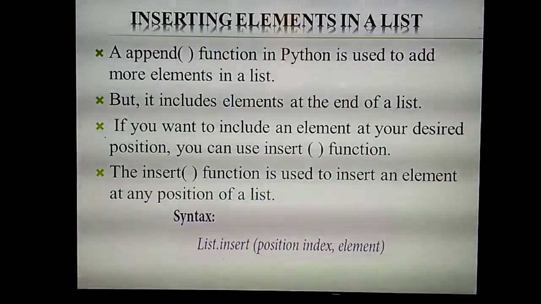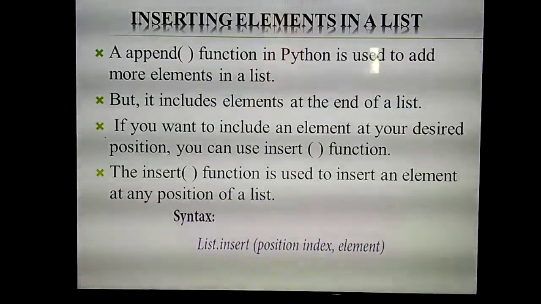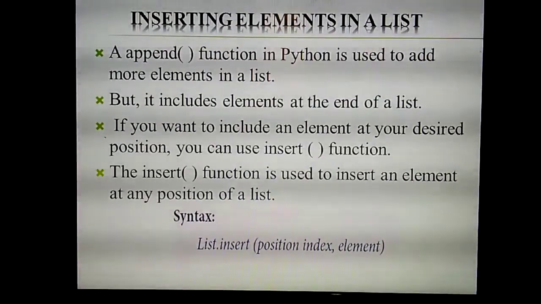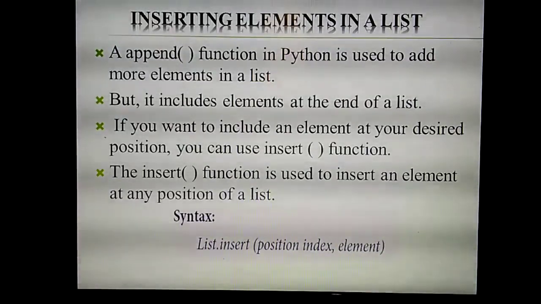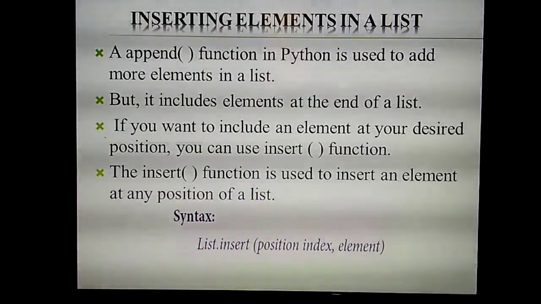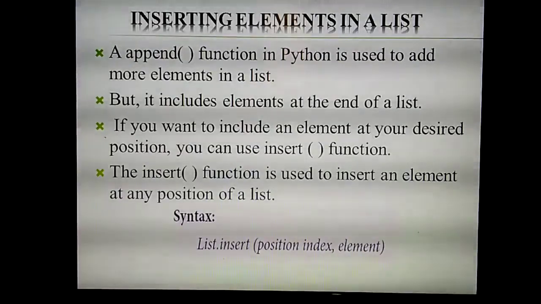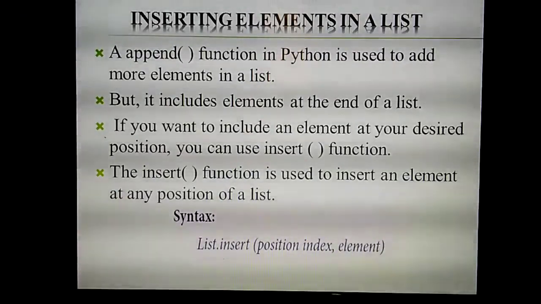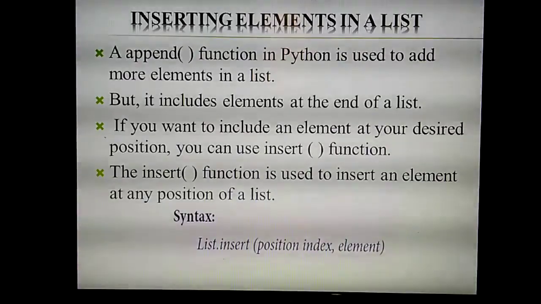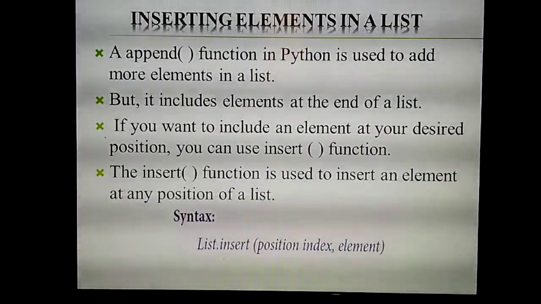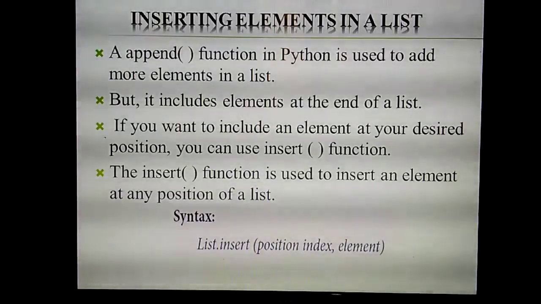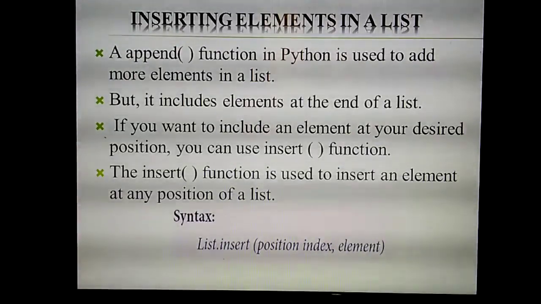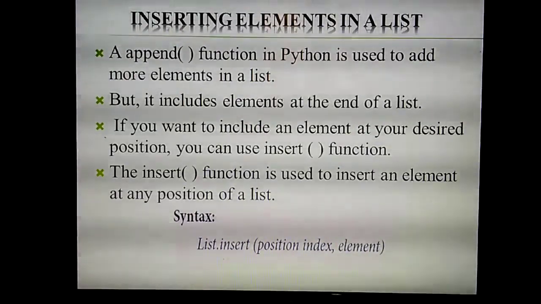For example, in a list 5 elements are there, but you need to insert some values in the third place. Using append of and extend of, you can't insert the values in between. Only at the last can you insert. But using the insert of function, you can insert the element at any position in the list.